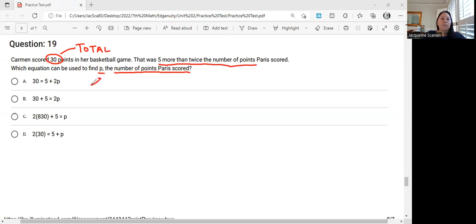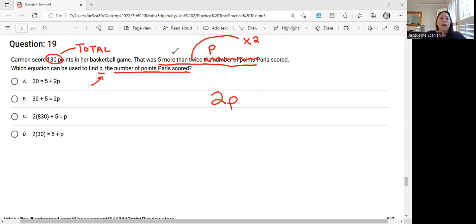And Paris scored P. So we need to figure out what 5 more than twice P looks like. Okay, twice means to multiply by 2. So I'm going to take 2 and I'm going to multiply it by P. And I'm going to write it like this, 2P. I'm going to just squish them next to each other.